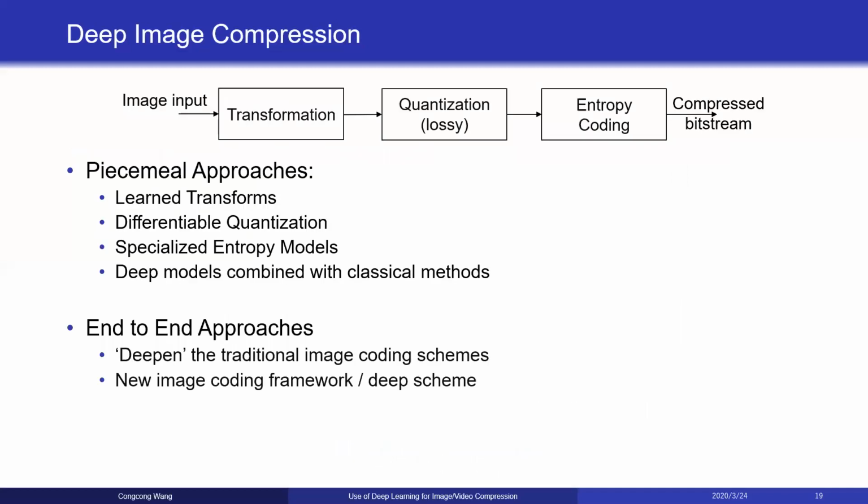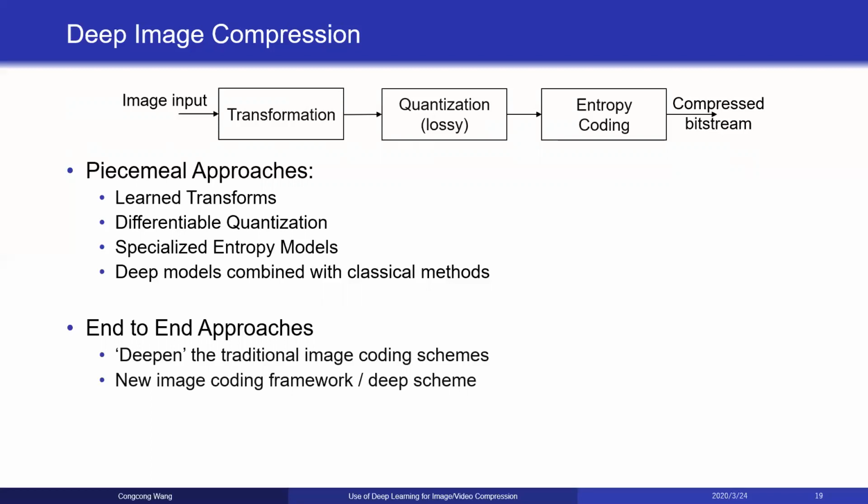So how is deep learning used in image compression? It can be divided into two groups. One uses deep learning as a tool for the blocks of a compression system to improve part of the image compression workflow. Or it can replace all the traditional blocks with deep networks, resulting in an end-to-end framework.